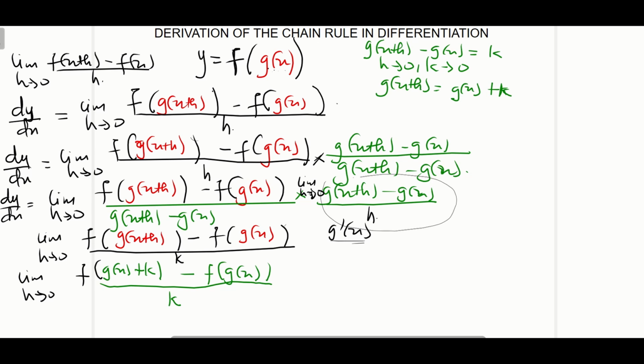When you have a function, our limit as k approaching 0 of f of a plus k minus my f of a, all over my k. So let's say some k approaching 0. All of this is equal to what?